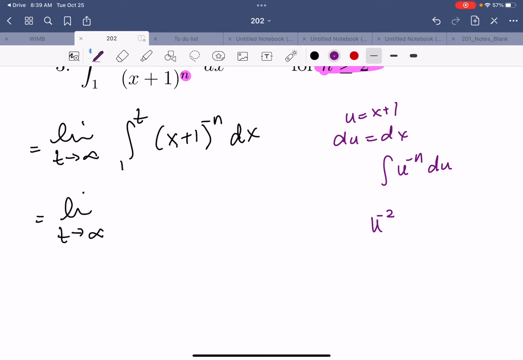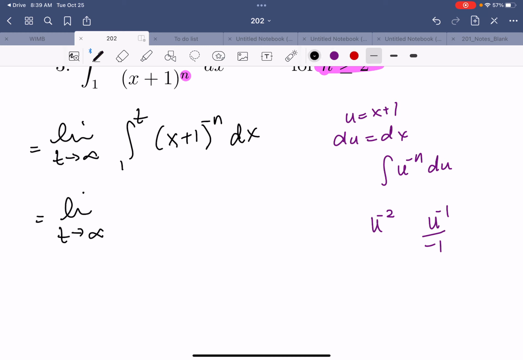Then you would add 1 and you get u to the negative 1 over negative 1. If you had something larger than that, you'd end up with u to the negative something over something. So I'm going to have a negative exponent for sure because my n is greater than or equal to 2.